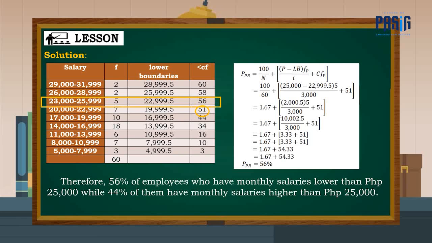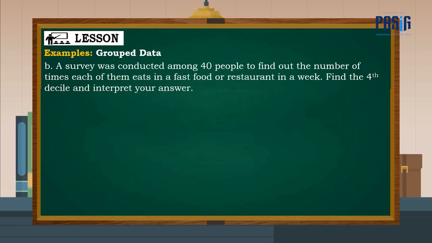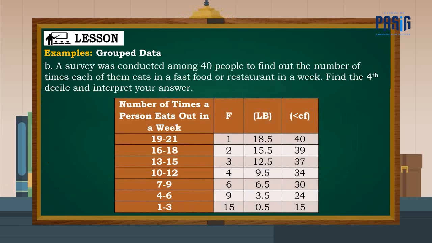A survey was conducted among 40 people to find out the number of times each of them eats in a fast food or restaurant in a week. Find the fourth decile and interpret your answer.